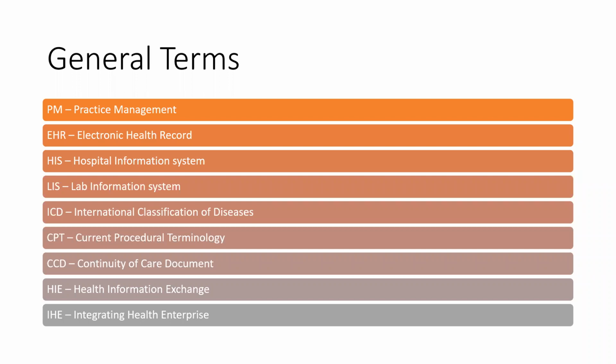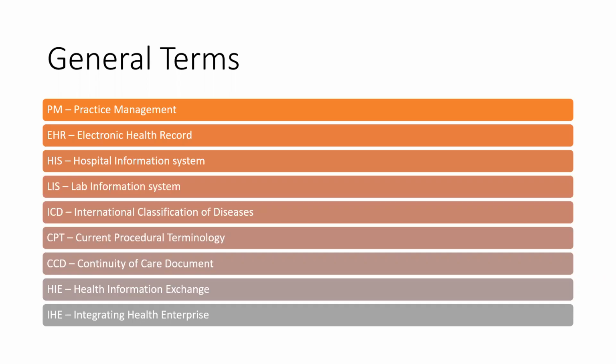Then we have CCD, HIE, and IHE. CCD and IHE are standards alongside HL7 V2 that we are going to see today. We'll talk more about CCDs and IHEs at the end of the training. I will spare one session where we will talk about the other healthcare standards that are very much used in today's industry.